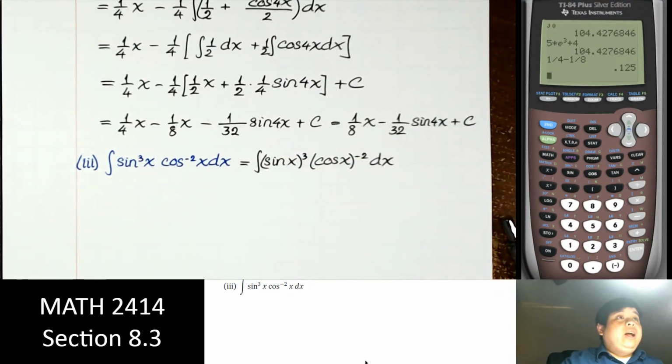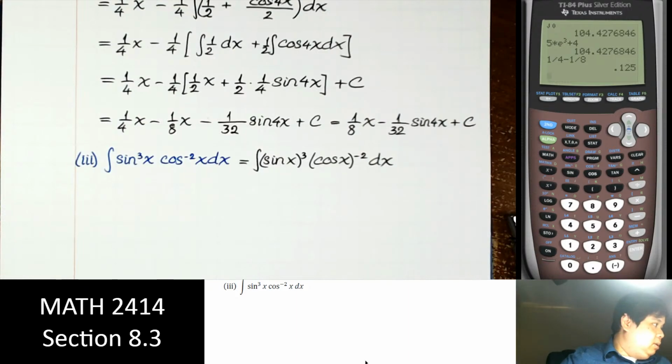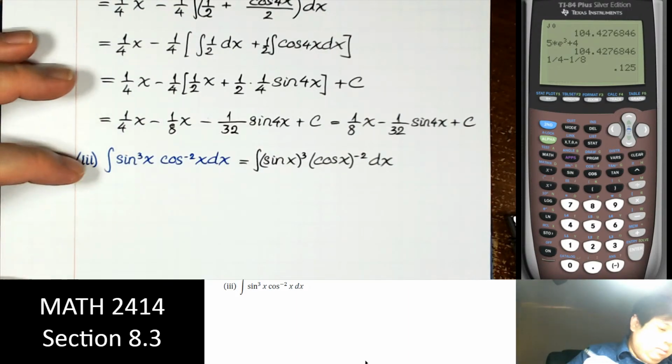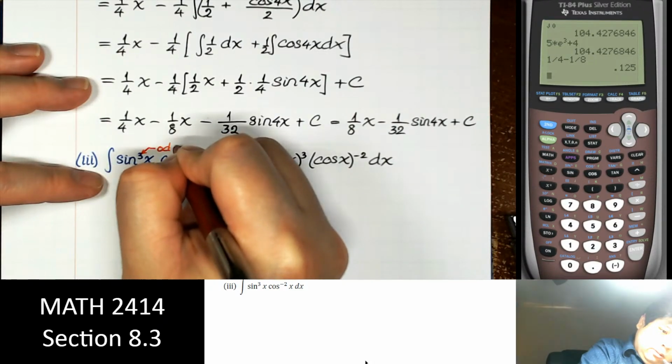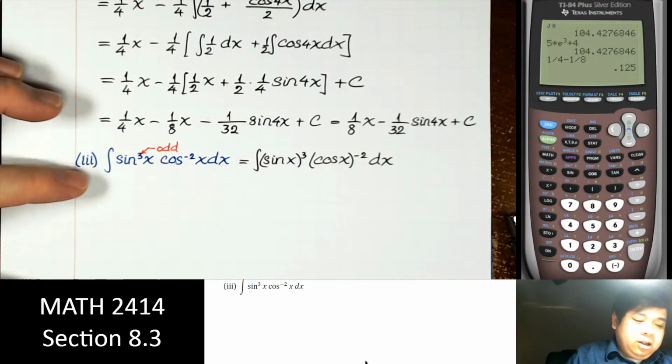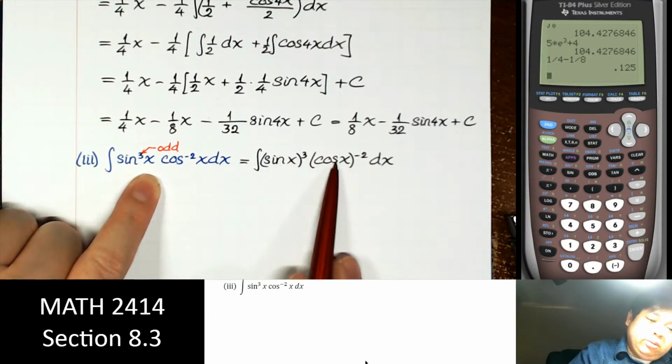Right. Now, on this one, what we have is the power is odd here, which means we use substitution. Let u equal to the other function, cosine of x.